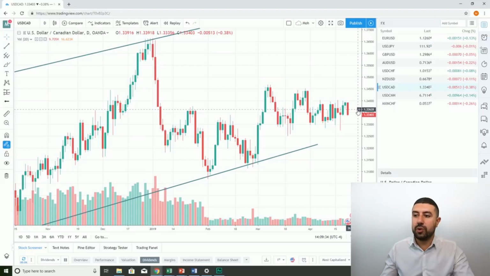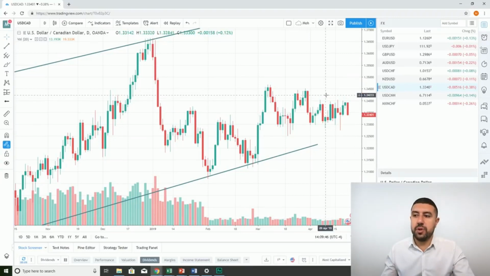So you'll be able to say, okay, 22 pips times $10 per pip, I'm making $220 if it goes from here to here. And because of this, you'll be able to calculate how much profit you can make, or how much you're willing to lose.